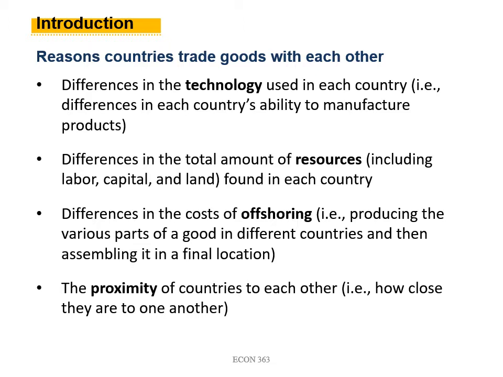Differences in the cost of offshoring, which is basically that countries work in trade networks, and because of the way the network is set up, it may be that one country has an advantage because of its location in doing certain parts of the supply chain. And proximity. That's not something that you immediately think about.